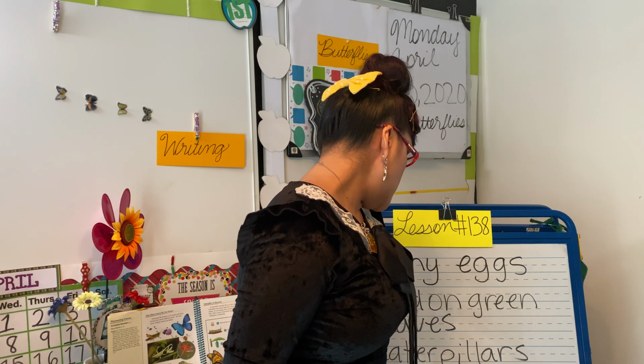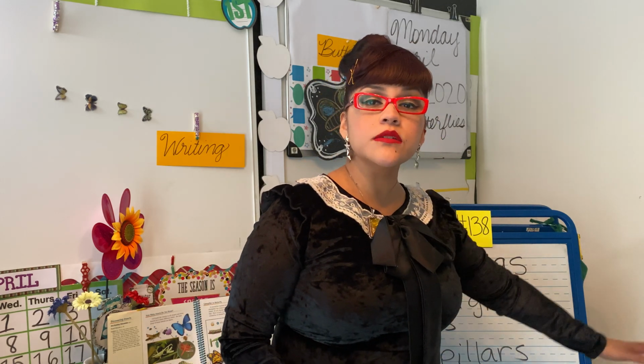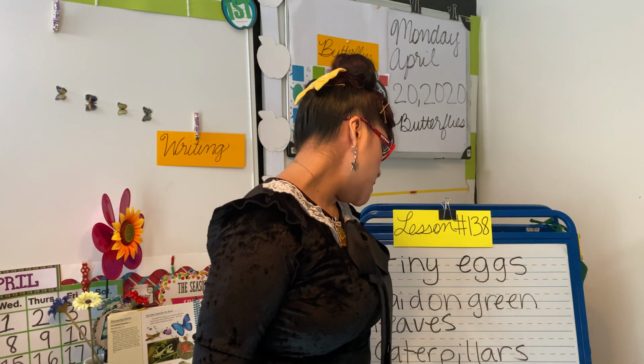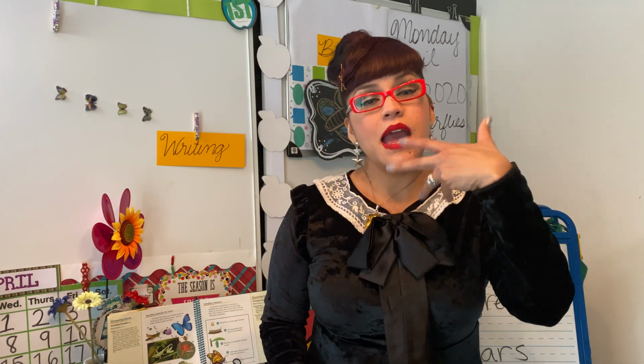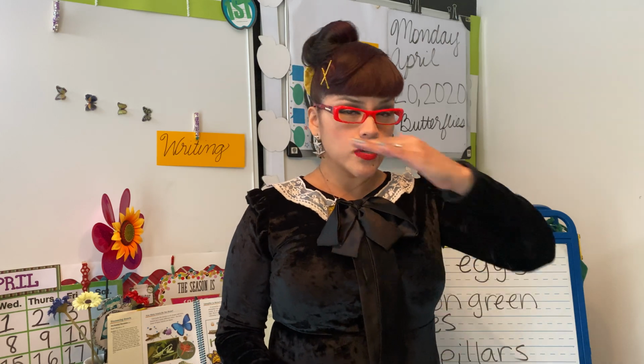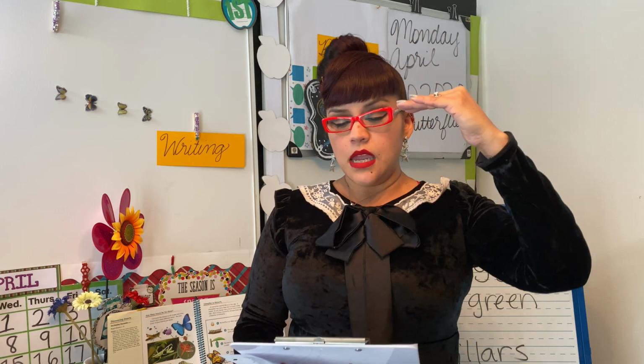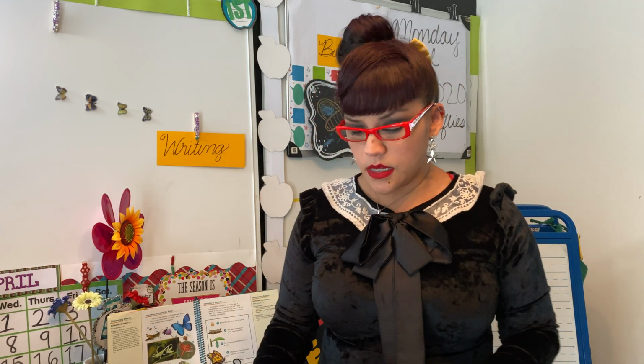They eat and grow. The skin gets harder and they turn into a chrysalis. And then after 2 weeks, they hatch and the butterfly comes out. So make sure everything is in the right sequence, in the right order. We've talked about sequence. Hopefully that makes sense. That's just simply saying the order of things, okay?